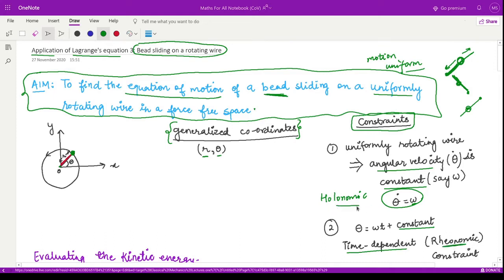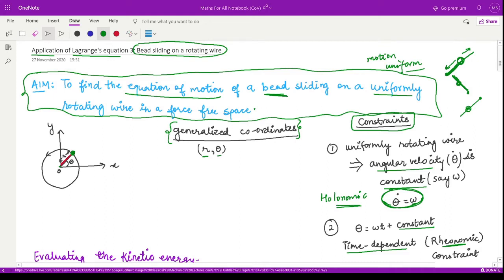So we have two constraints for this. Because the derivative of theta with respect to time is constant, that means the angular velocity is constant. So let us see how this affects the motion of the bead on a rotating wire.